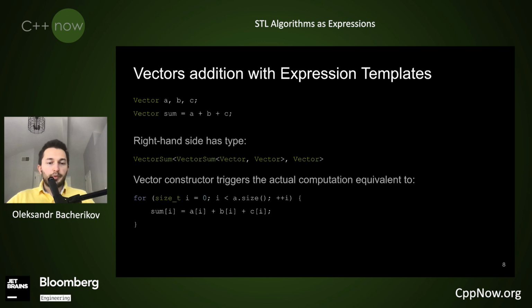And in here, it's important to mention why are they called expression templates? Because the arguments have to be arbitrary types in order to support nested expressions. And in here, we have a nested expression of sum inside another sum.